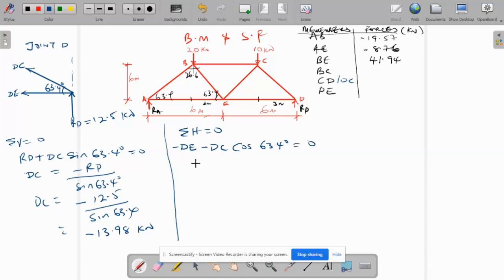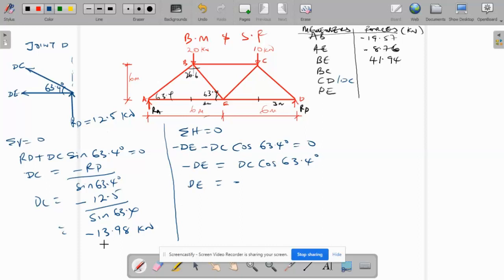So here we take this to the other side so that we can find DE. So we have minus DE is equal to DC cos 63.4 degrees. When we divide by minus, negative, we're going to have DE equal to negative of our DC.